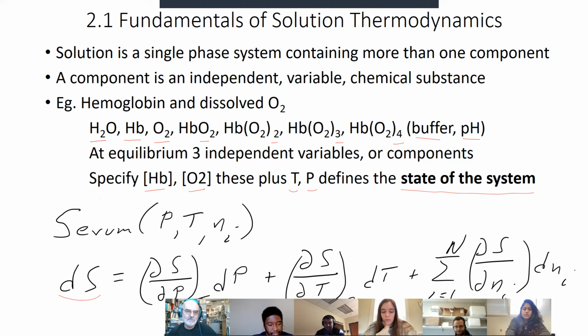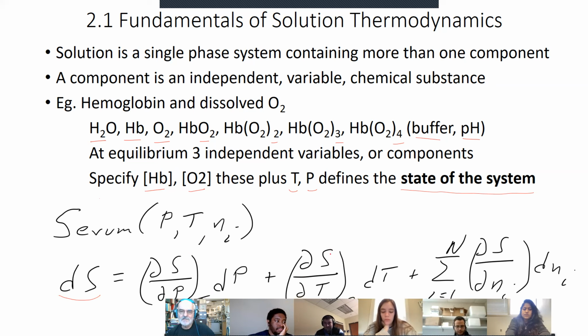And so I can write this down as the partial of S with respect to P at constant T. And I really need to add here N sub J not equal to I later, okay, dP. And then, oh no, that actually is constant N sub I. That probably only needs to be N sub I.